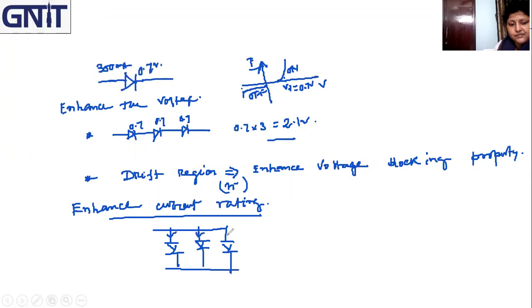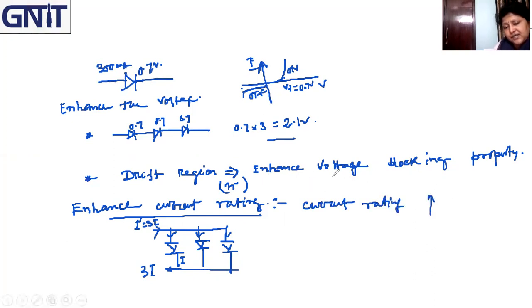So we will get triple the current, if I is the flow through a single branch. So we are getting triple the current to enhance the current rating. So we can put devices in parallel. There will be so many devices connected in parallel to get the current rating high.